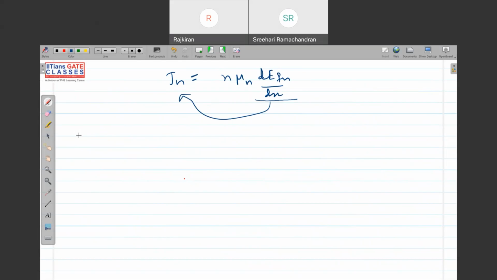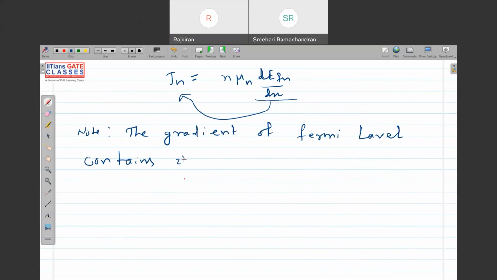Note: the gradient of the Fermi level contains information about the drift as well as diffusion.